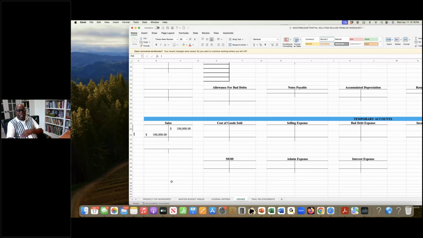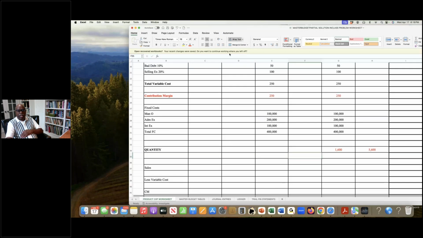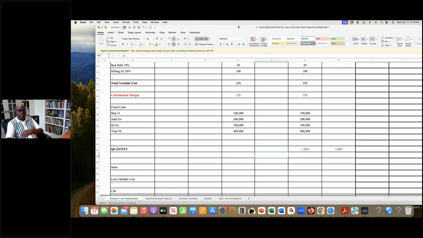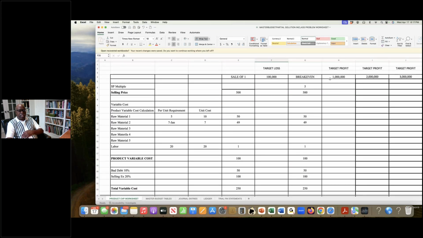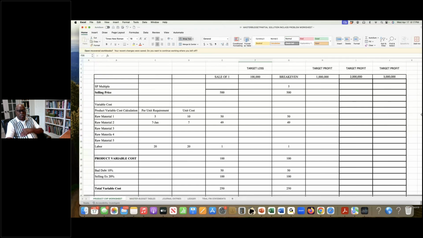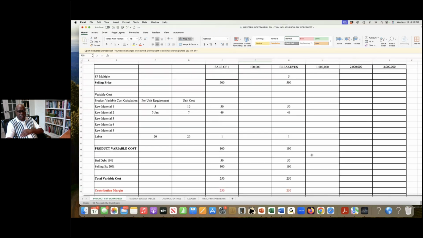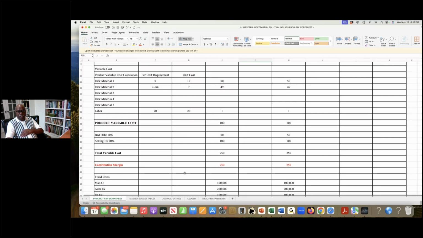Our beginning point is always the CVP worksheet. Of course, the numbers up top stay the same: the product variable costs, total variable costs, and contribution margins are the same.